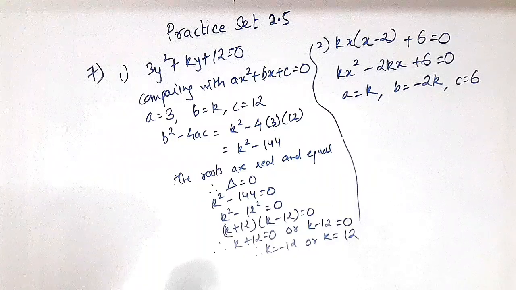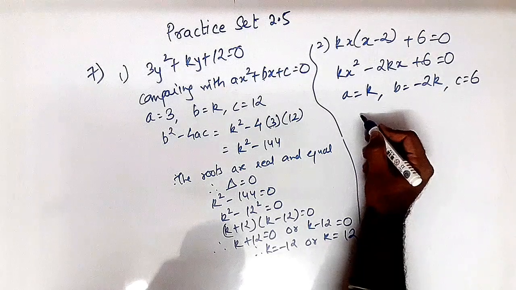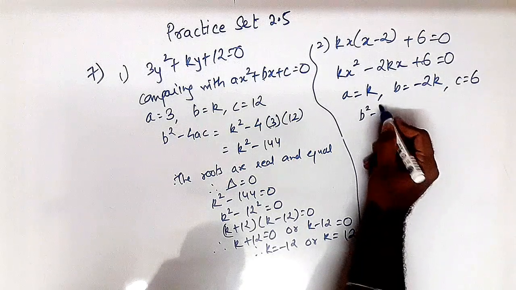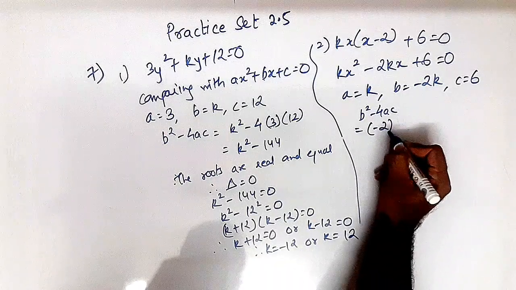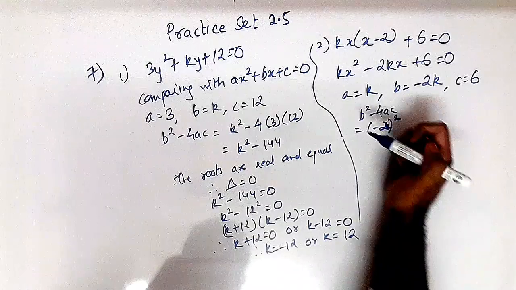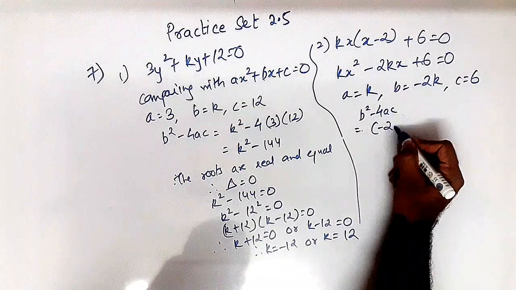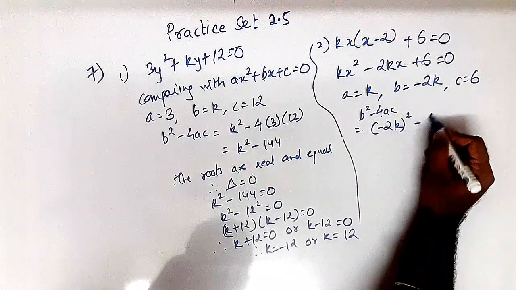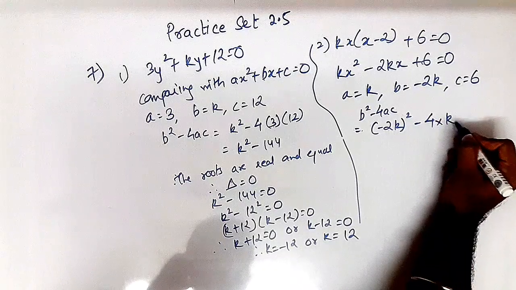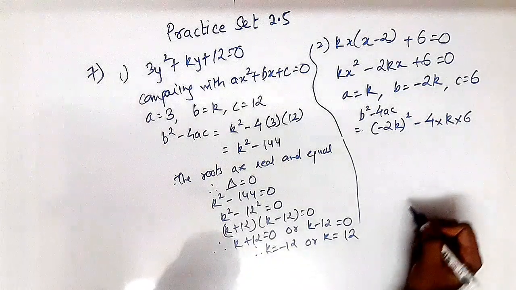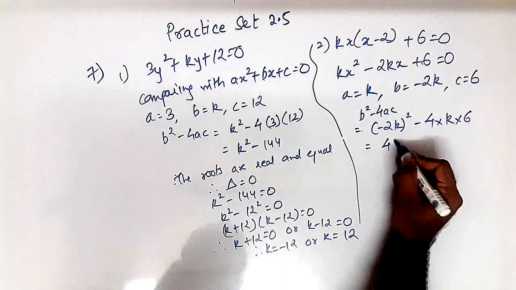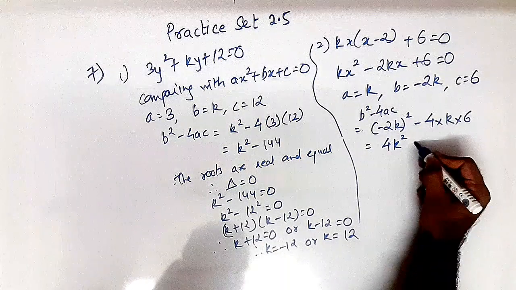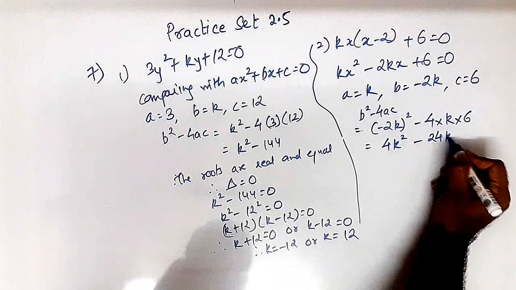So we'll write b square minus 4ac is equal to minus 2k square minus 4 into a into c equals to, this becomes 4k square minus 24k.